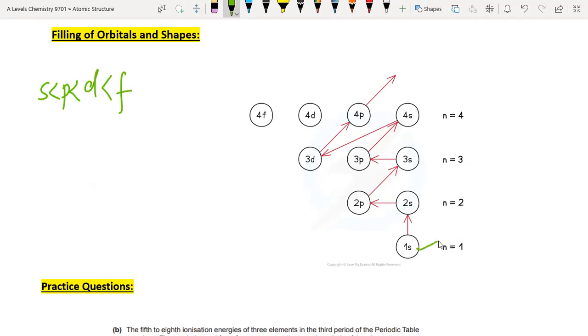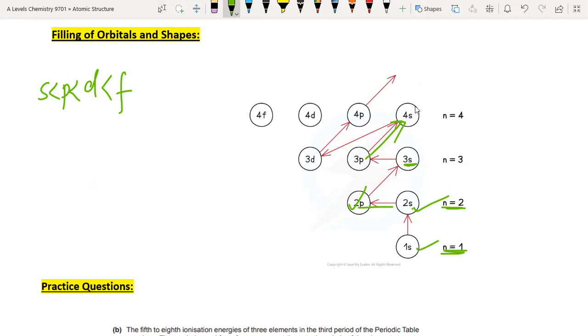First of all, S will be filled in shell number 1. Then S will be filled in shell number 2, that is 2S. Then 2P, then S will be filled in third shell, like this: 1S, 2S, 2P, 3S, 3P. After 3P, we will move toward 4S. We already have discussed 4s.